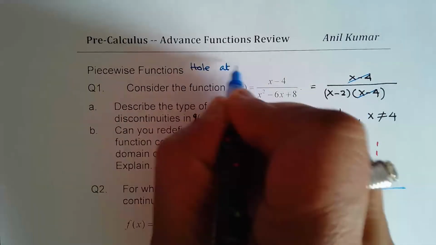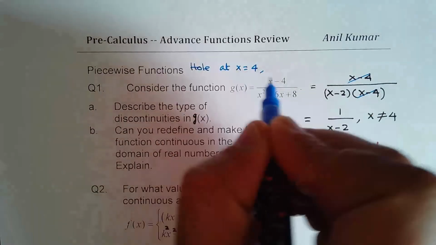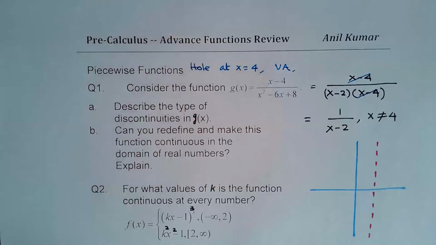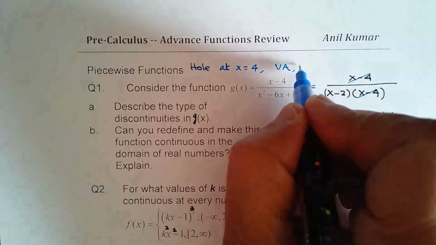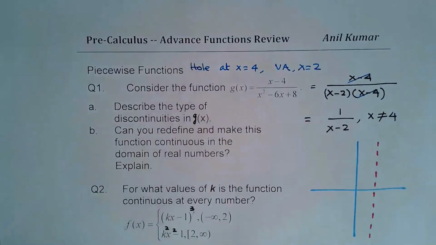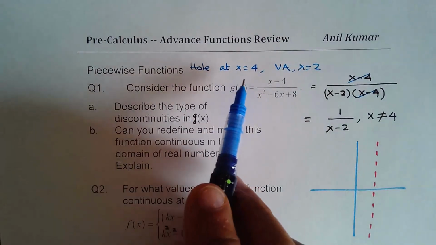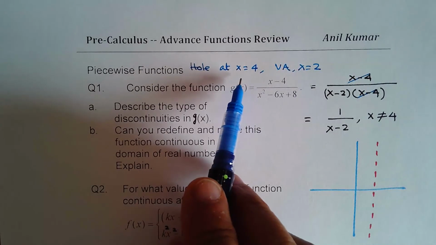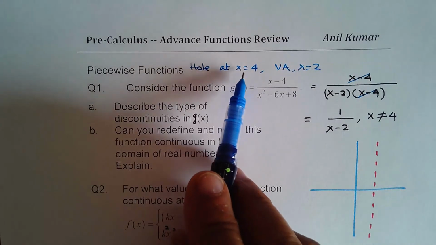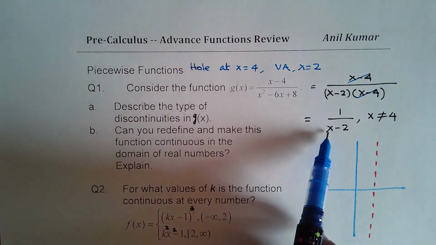at x equals 4, and we do have a vertical asymptote at x equals 2, which I have drawn. Now this hole at x equals 4 can be plugged in and the function can be made continuous at this point. So if I substitute 4 here, I get half, right?